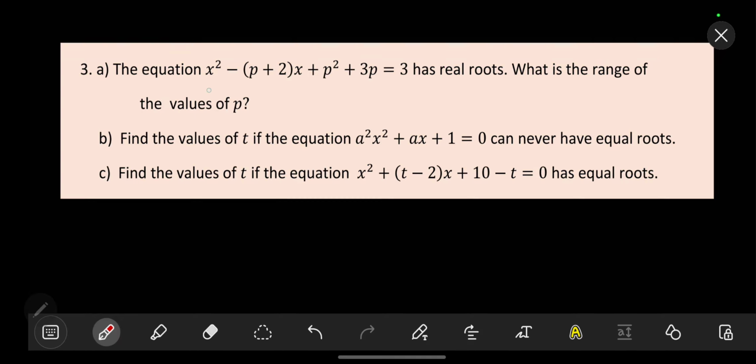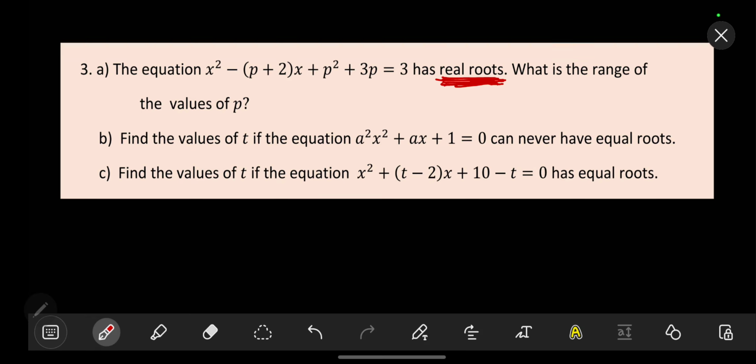This one says that the equation x squared minus open brackets p plus 2 x plus p squared plus 3p should be equal to 3 has real roots. So now this one is just saying that it has real roots. So we don't know whether it has got one repeated root or two different roots.